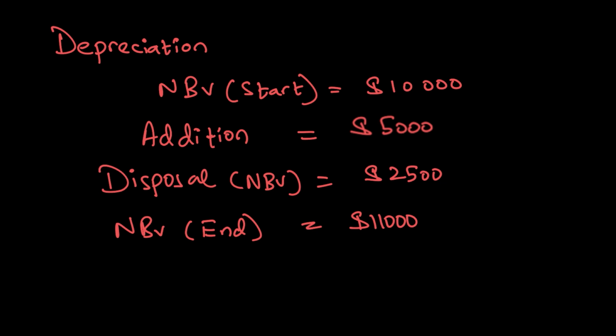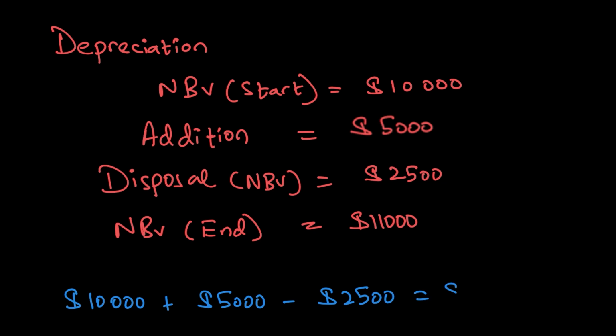How do we do that? We started the year with $10,000 worth of assets. We bought a new asset worth 5,000, so let me add that. We sold one asset which had a net book value of 2,500. This should give us 12,500. Now at the end of the year, your non-current assets are worth 11,000.